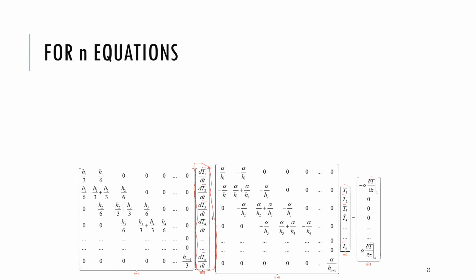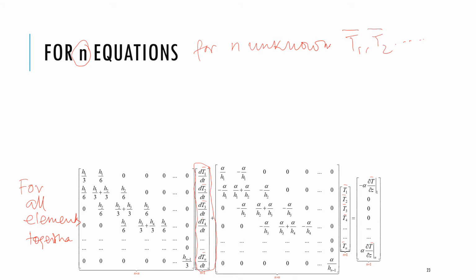So I can write this entire matrix now. This is for all elements together, which is why it has n equations for n unknowns, T1 bar, T2 bar, and so on, Tn bar.